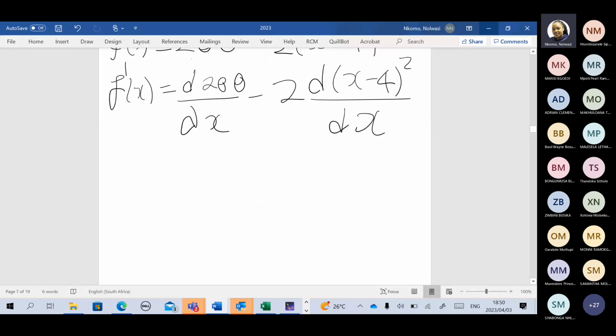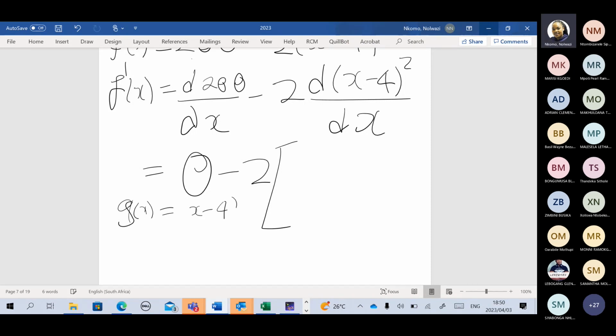The derivative of a constant is 0, right? And we have minus 2 times the derivative of x minus 4 to the power 2. So it's like we have g of x equals x minus 4 squared. You see here we have an inner function and an outer function. We can let our inner function be u equals x minus 4.